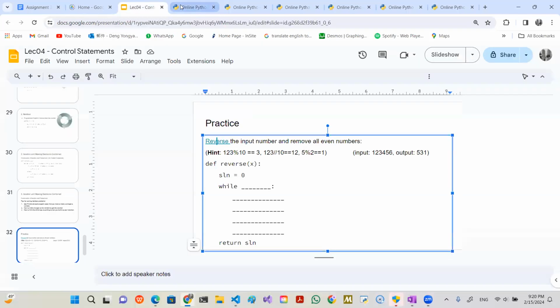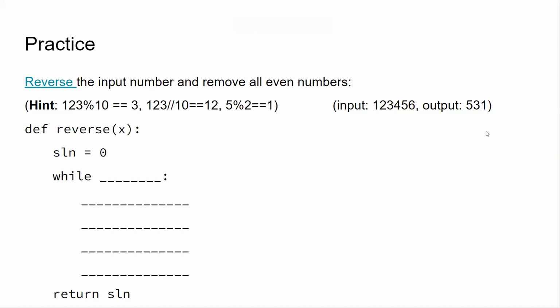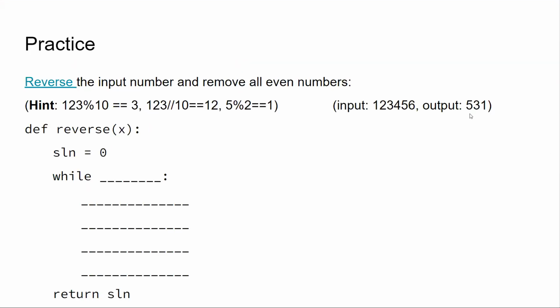Any questions about this? So I get 531. What if I want to get 135? That's practice two. We don't have to go through that, but if you're interested, you can scroll through. There are two answers there, and the common answer is that I get 531. So how do I get 135?